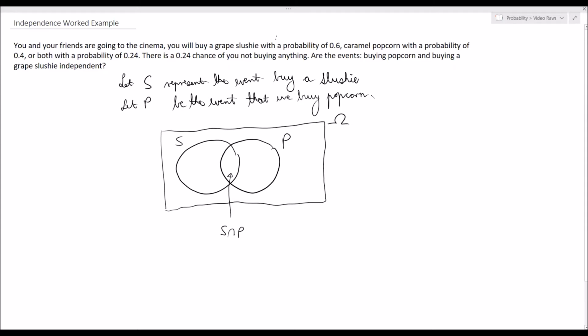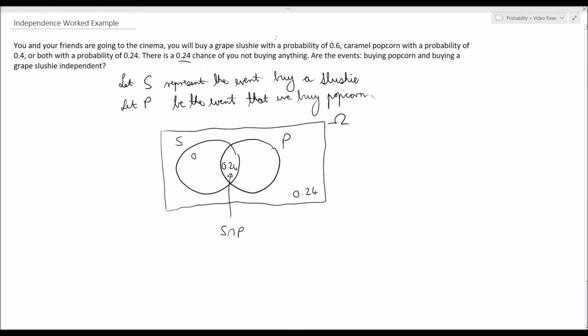So we're told that the probability that we buy a slushy and a popcorn is 0.24. We're also told that there's a 0.24 chance that we don't buy anything. There's a 0.6 chance that we buy a slushy, and there's a 0.4 chance that we buy popcorn.